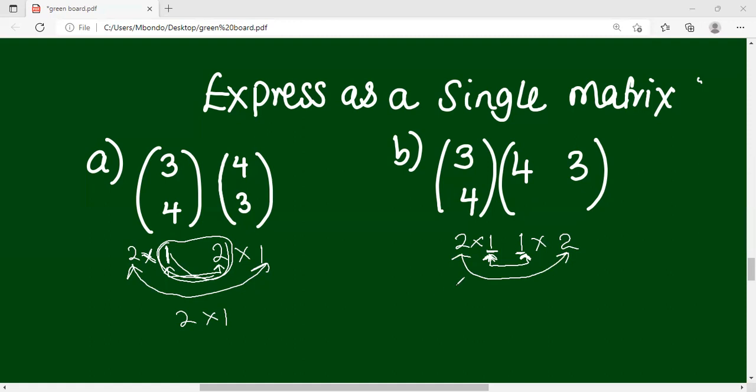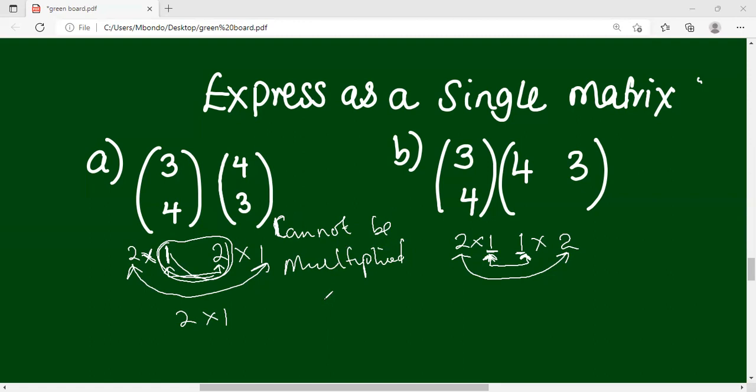So what am I saying? We cannot multiply the first one. According to me, I'm saying this one cannot be multiplied, the first one. You can say this one cannot be multiplied.